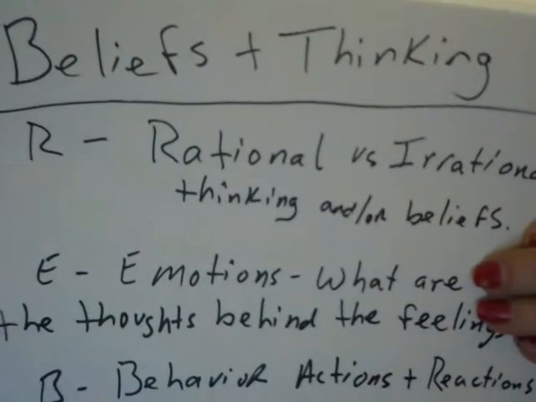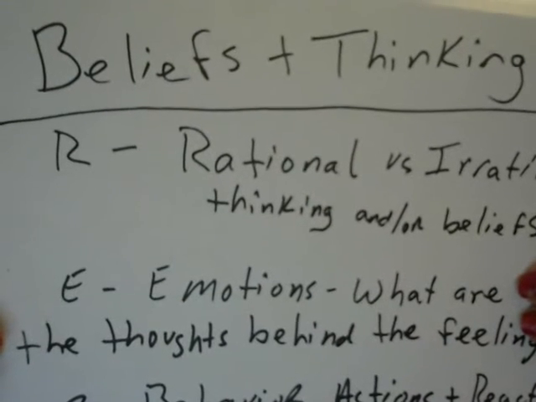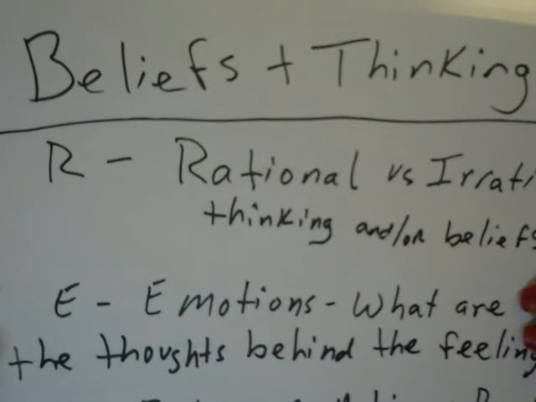And emotions. And I always ask my clients, what are the thoughts behind the feelings? Because the thoughts and or beliefs are going to tell us a lot about what's going on. And you want to be able to analyze your thinking process to see what's happening.